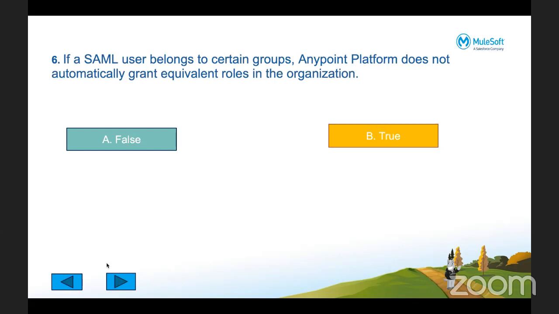Even after creating the groups in Okta, we had to create a custom role in Anypoint platform. And we also tried to map the group that we created in Okta with the custom role that we created in Anypoint platform. So it doesn't automatically create a role. You have to explicitly go there and manually map these two roles.